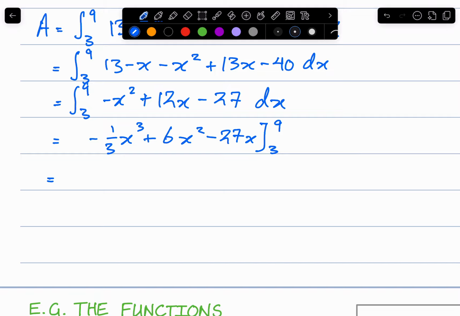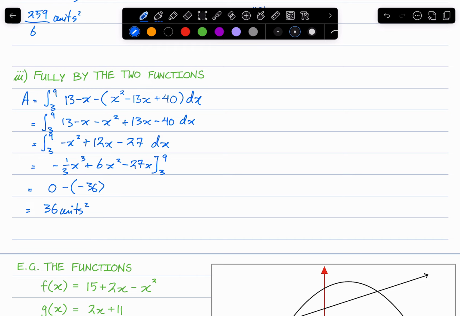Substituting 9 into this, so negative 1/3, 9 cubed plus 6 times 9 squared minus 27 times 9. Very interesting. This gives us 0 minus, substituting 3 into this, minus 36. This gives us 36 units squared.